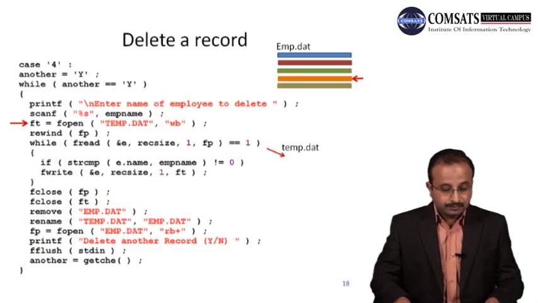Then you rewind the file pointer of the m.dat and it points to the beginning of the file.